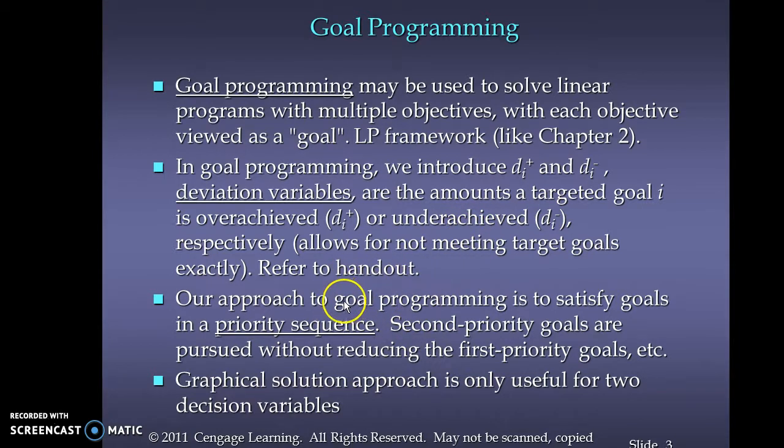So we also use the goal programming methodology in terms of satisfying goals in a priority sequence. So we'll have priority 1 goal, priority 2 goal, and so on. Now, we can use the graphical solution approach to solving these types of problems, but it's only good for solving with two decision variables, just like we had in chapter 2.